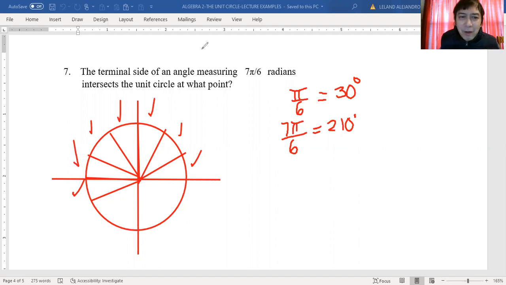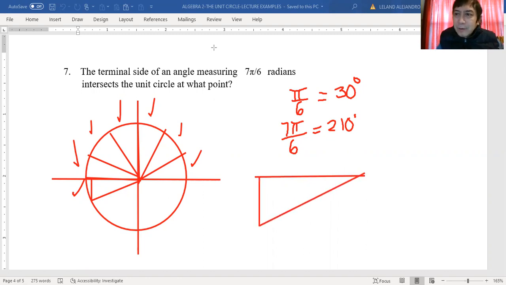That's 210 degrees. If you're going to visualize the reference triangle, it will be this triangle, and it will look like this. If you enlarge it, that is the reference triangle that we can use. The reference angle, the angle made by the terminal side and the x-axis, is 30 degrees. And we're looking for the point.